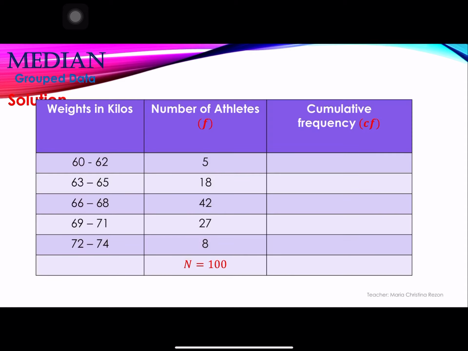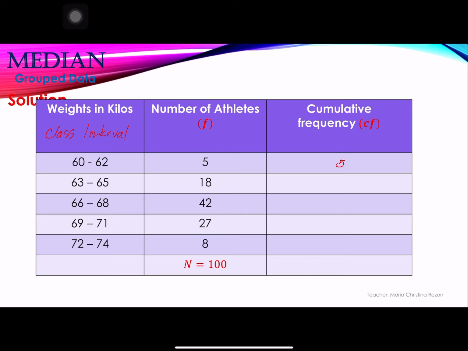We have here the weights in kilos, which is our class interval. This one is your frequency, and this one is your cumulative frequency. How to find the cumulative frequency? We start with our frequency 5, followed by adding 5 to the next frequency.